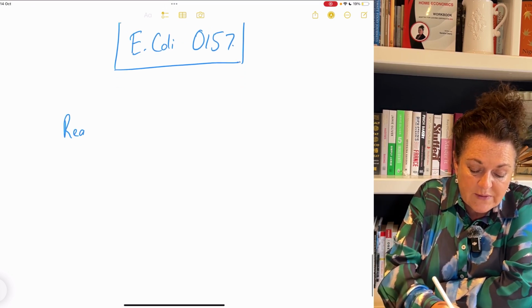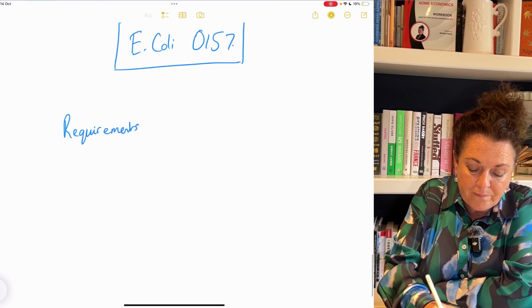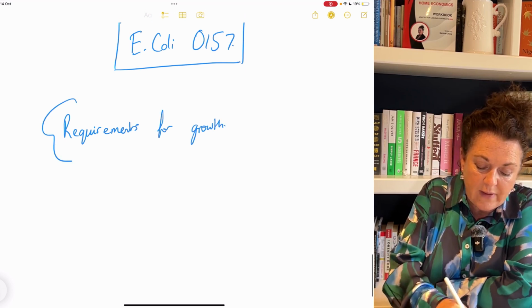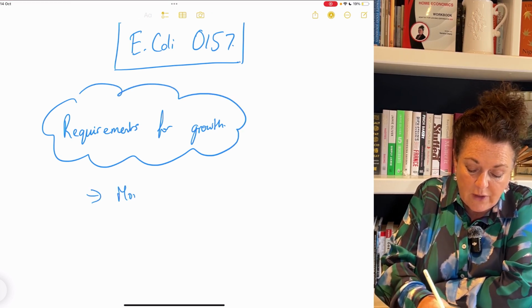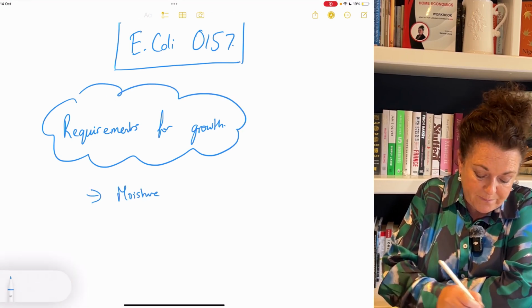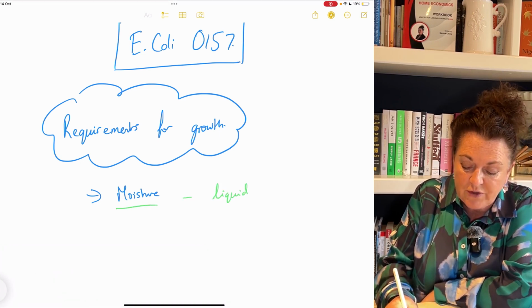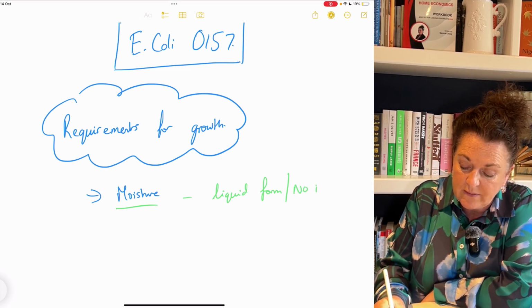So requirements for growth. We have 5. Now they're very similar to Salmonella. So moisture in a liquid form. I'm just doing the breakdown or a framework here. No ice.